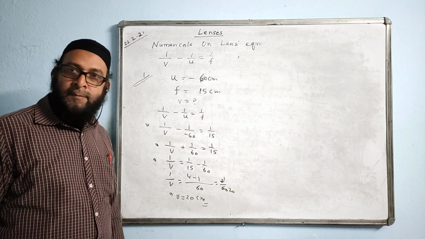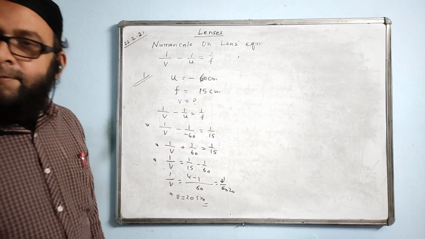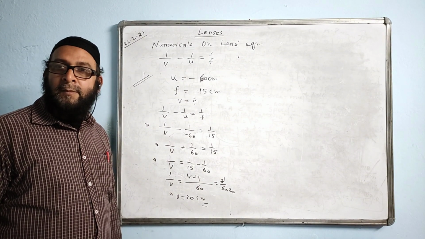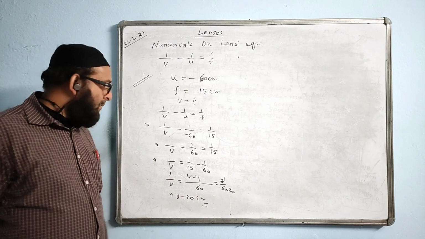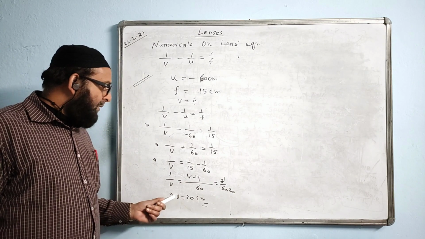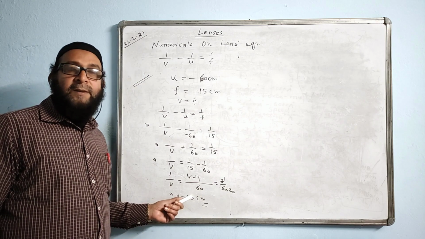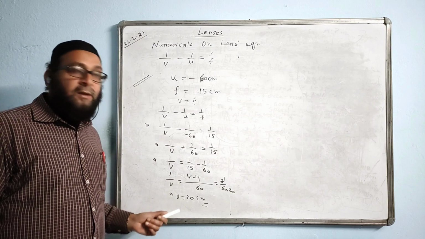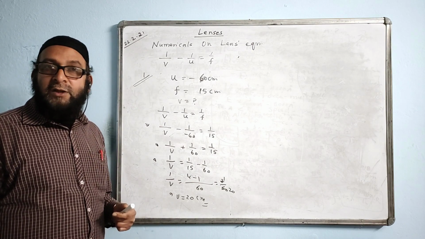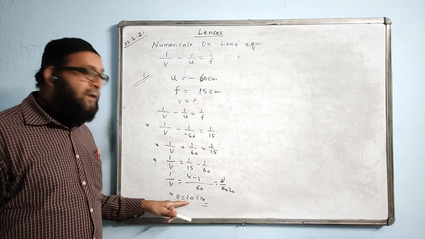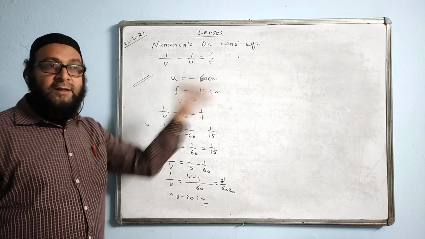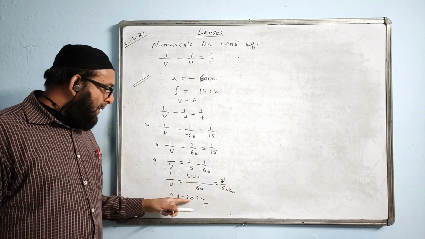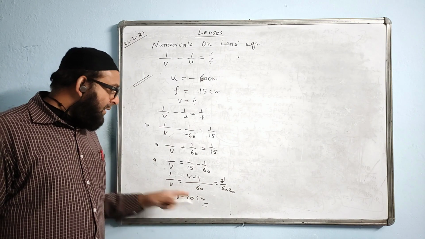Okay. The sign for v is coming positive, that means the image is real on the other side. And if the image is real, then it will be inverted. I am talking about the nature. Position is 20 centimeter from the lens on the other side of the object. Then it is real, inverted.